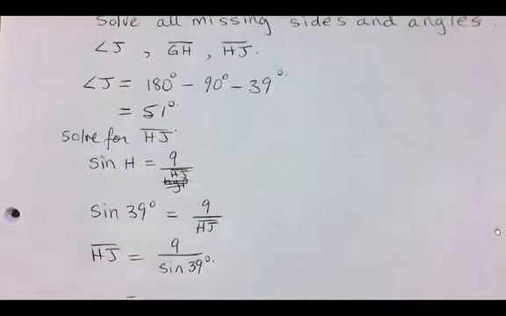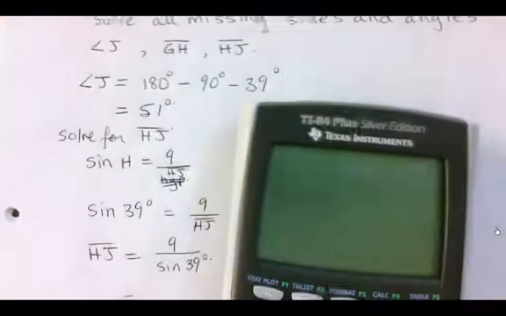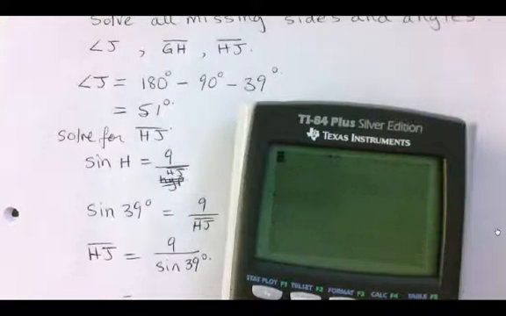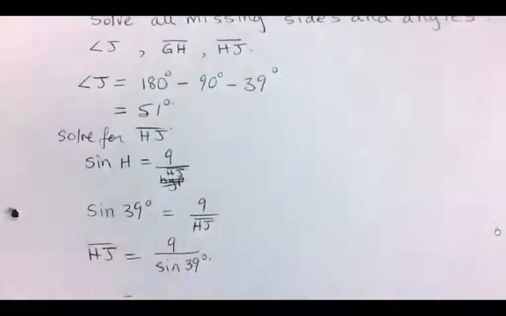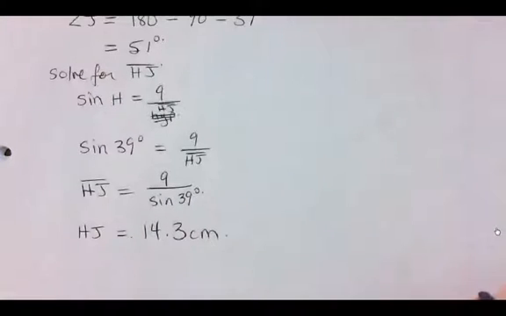So what is HJ in this case? 9 divided by sine 39, that's 14.3. So HJ is 14.3, what are my units? Centimeters.